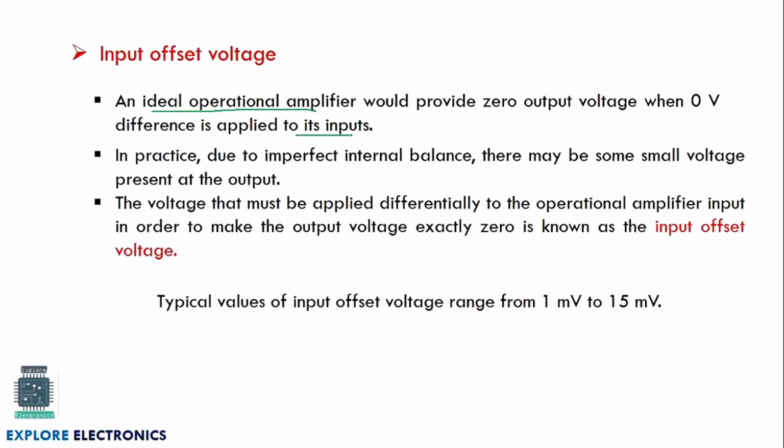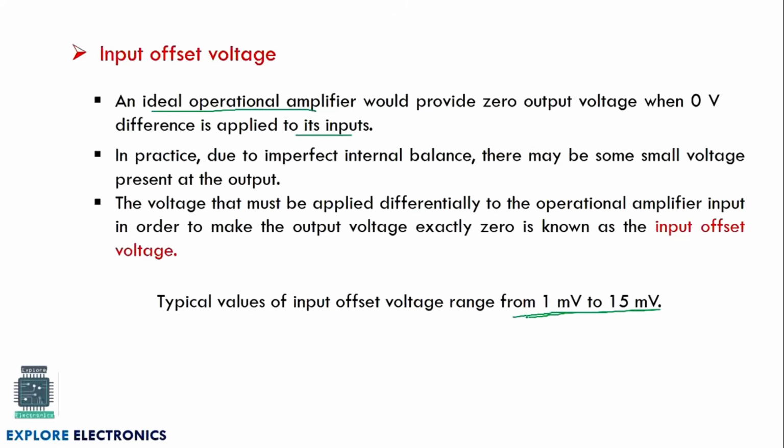To make that output 0, we need to adjust the offset voltage. We need to provide an extra input so that the op-amp output will be 0. So that voltage will be known as an input offset voltage, and typically it will be in the range of 1 millivolt to 15 millivolts. Remember, this is a voltage applied to an op-amp to make the output exactly 0.